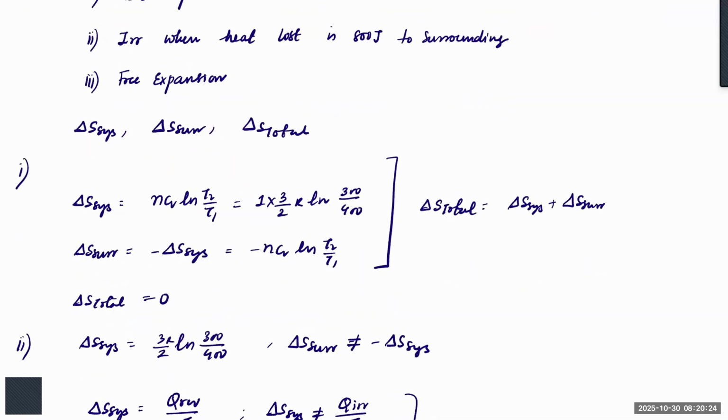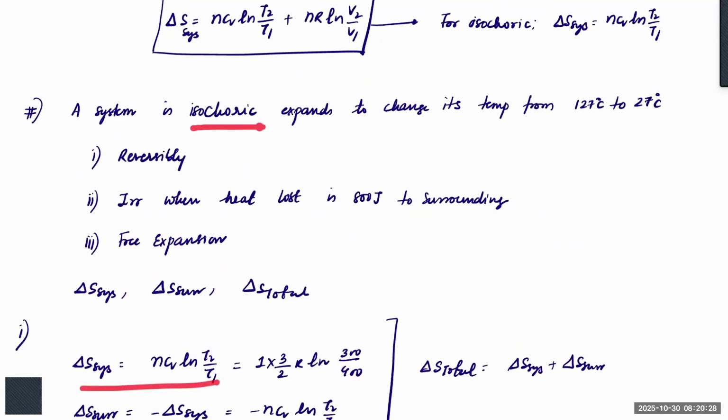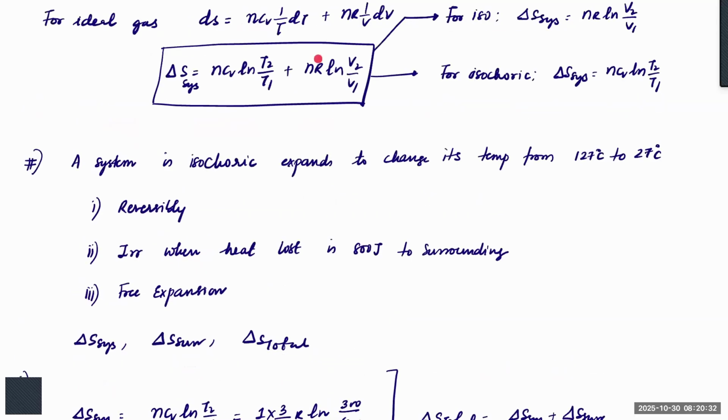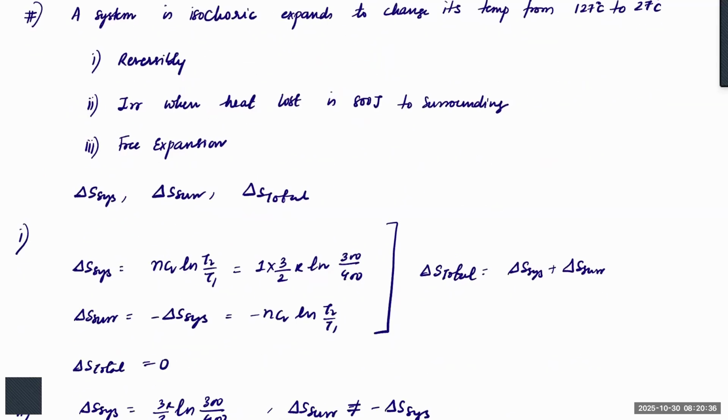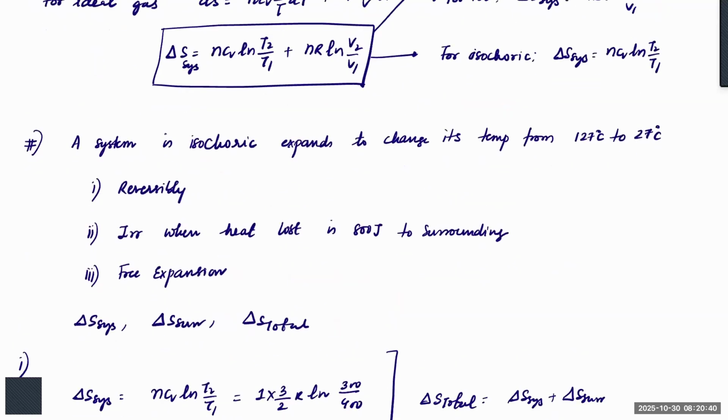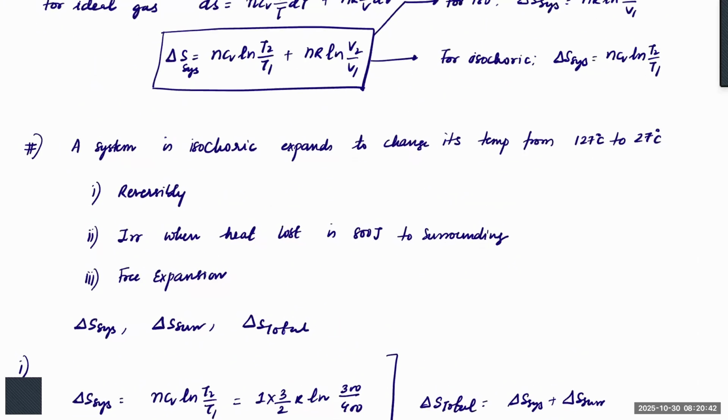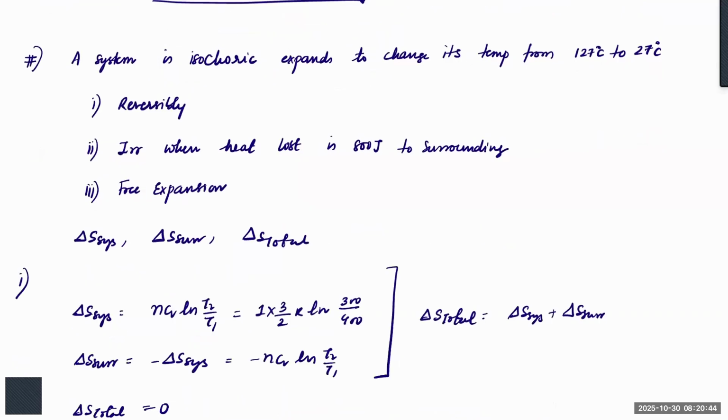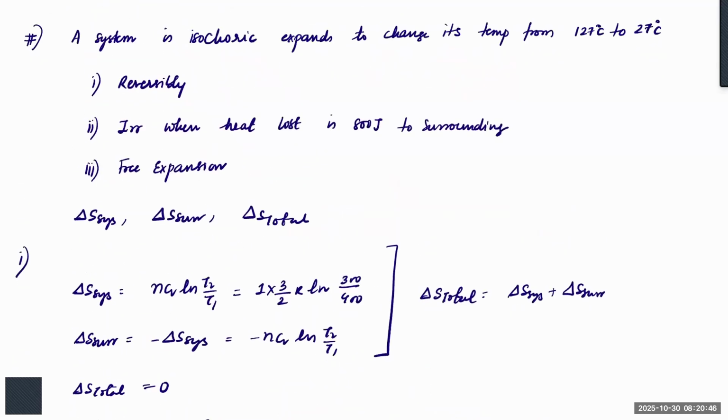See, delta S system is this formula, right? Because it is first isochoric, the volume is constant, so the volume factor does not come into the picture. So we have nCv ln T2 by T1. Any doubt here? And Cv is 3 by 2 R, so ln T2 by T1.